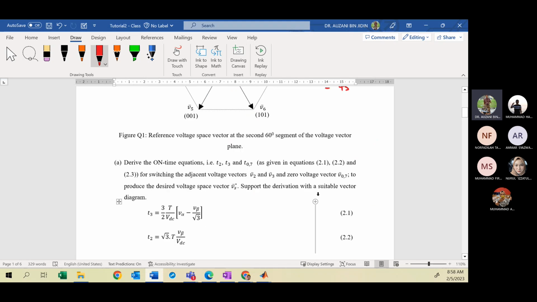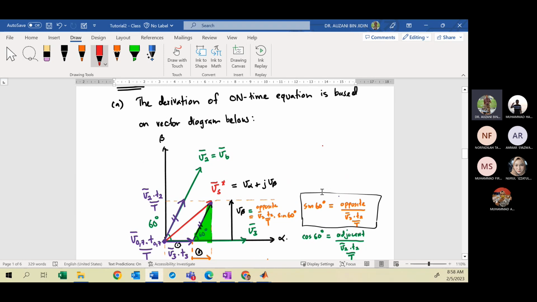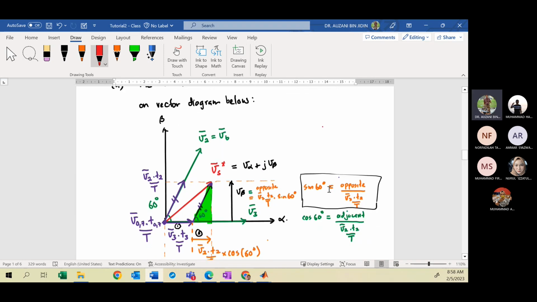So maybe here, for your note, I can define where your alpha should be. Remember, your alpha is the different angle between Vs and Va. Here is Va, or V3. So the different angle here is the definition of alpha.